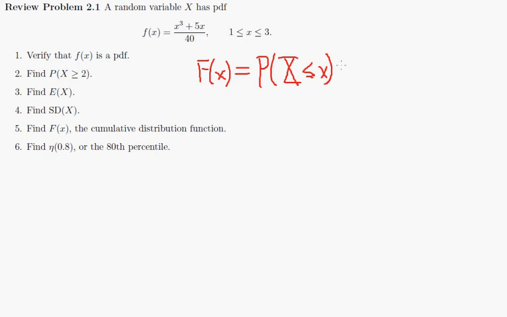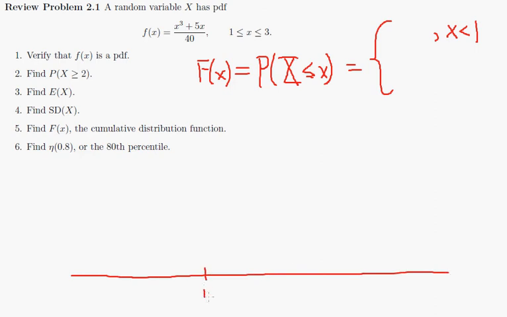In our case, this will actually have 3 parts. So let's deal with the easy parts first. The first easy part is if little x is less than 1. So let me draw a little schematic down here. There's 1, there's 3, and suppose little x is over here someplace.